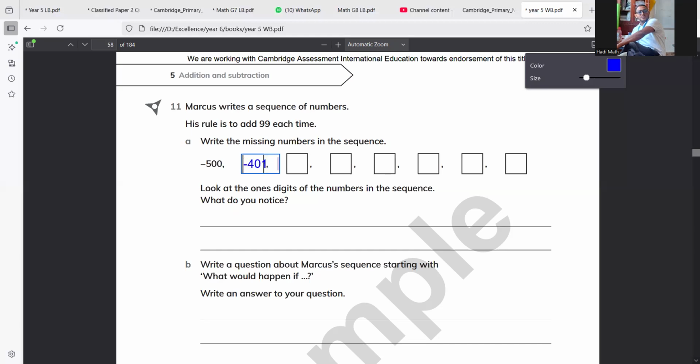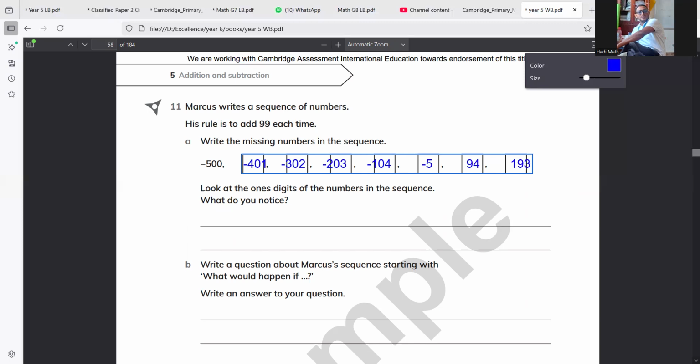Then this one will be -302, then -203, then -104, then -5. Then the coming one will be positive 94, and then positive 193.